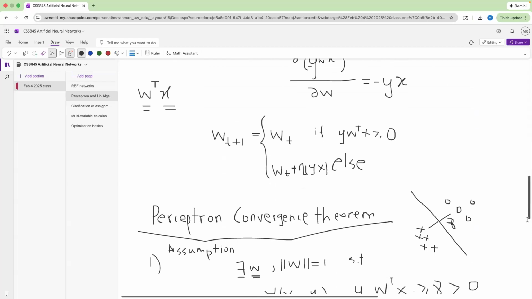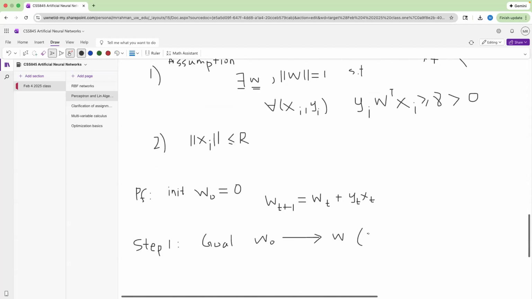So if we can reach this optimal weight vector in finite t, in a finite number of iterations.